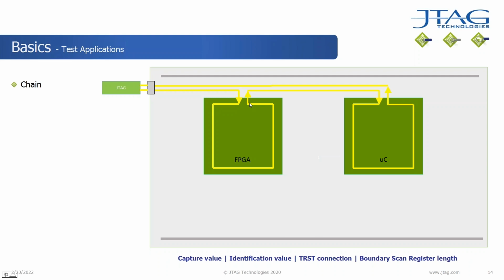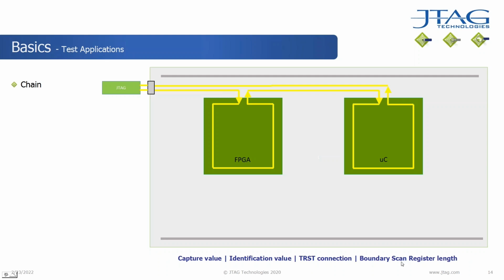They're not shown here, but imagine they are in the picture. And so we do what's called an infrastructure test. And the infrastructure test does a number of things. It captures the default contents of the instruction register, this thing called capture value. It captures the identity code register if the device has one, and then it tests for the continuity of the TRST line if it has that as well.